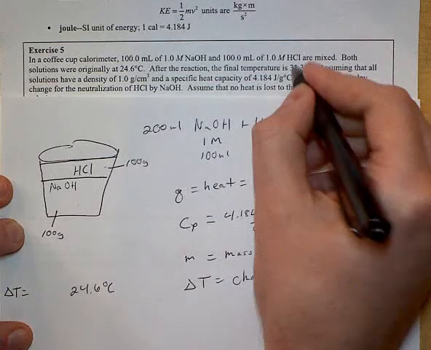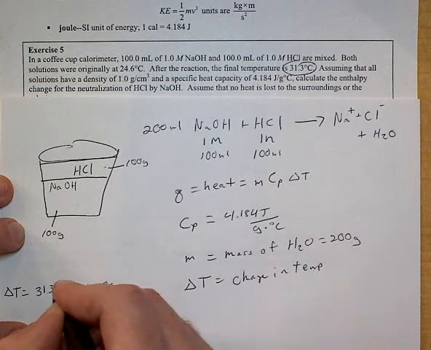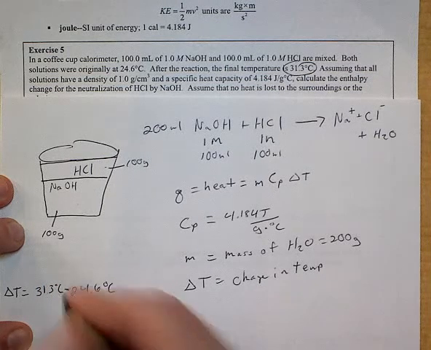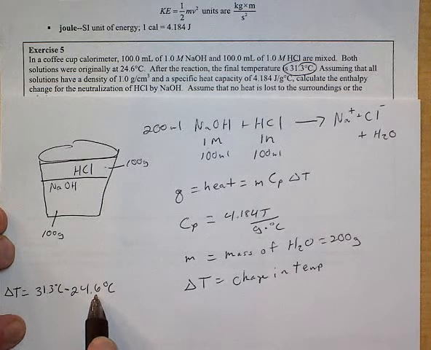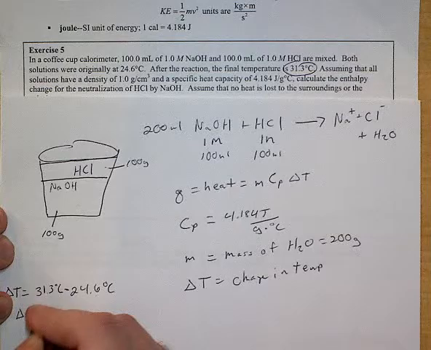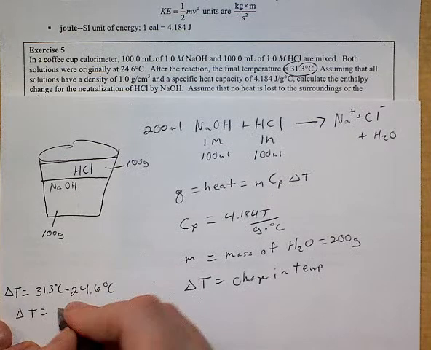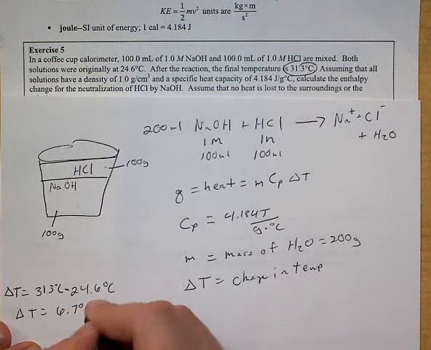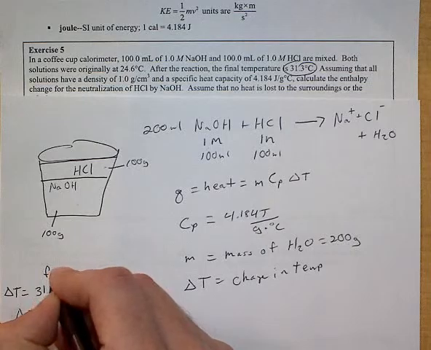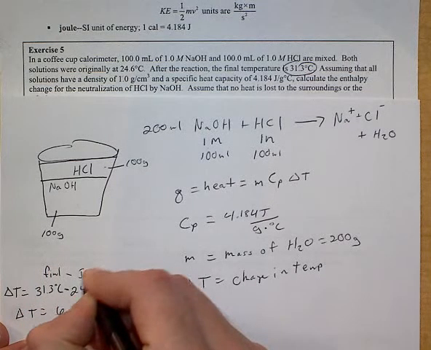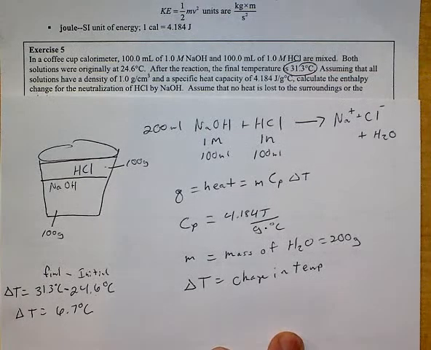My final temperature is 31.3 degrees Celsius, and I'm going to subtract 24.6, which was my initial temperature, to get my delta T. After I plug and chug here, my delta T is 6.7 degrees Celsius. Once again, this is the final temp minus the initial, just like all of our setups for deltas.